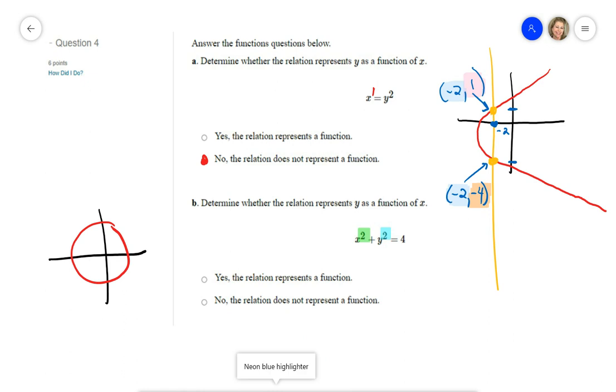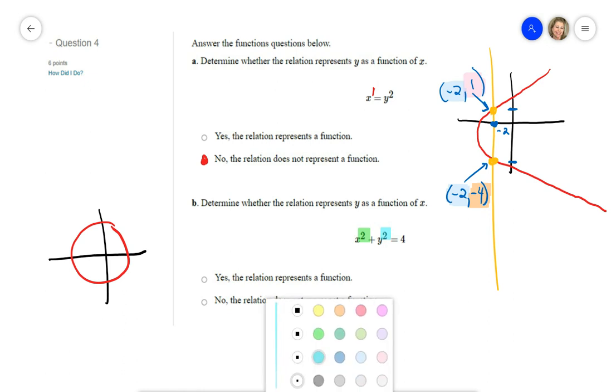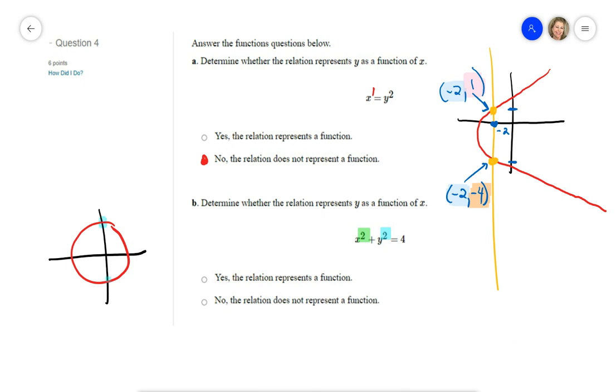It's going to hit the y-axis in two places. Let me make this a little smaller. Two places here and here. And then it's going to cross the x-axis two places here and here. And I don't know where it'll be and how big of a circle it'll be. I'm not going to worry about that. I just know, in general, it's going to cross the x-axis twice and the y-axis twice.